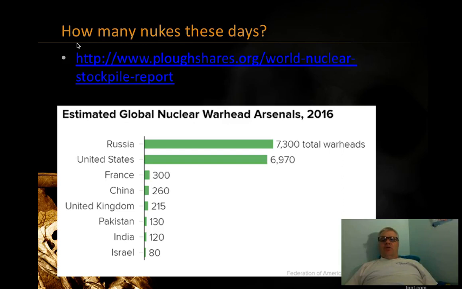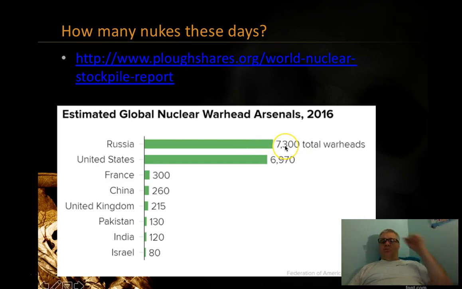Now, in terms of where all the nuclear weapons are these days, Russia and the United States each have roughly 7,000 nuclear weapons. However, they don't have that many active, on alert, ready to go. It's a few thousand less than that for both of them. But in terms of what we could put together on short notice, both countries still have thousands of these. This is lower than it used to be.